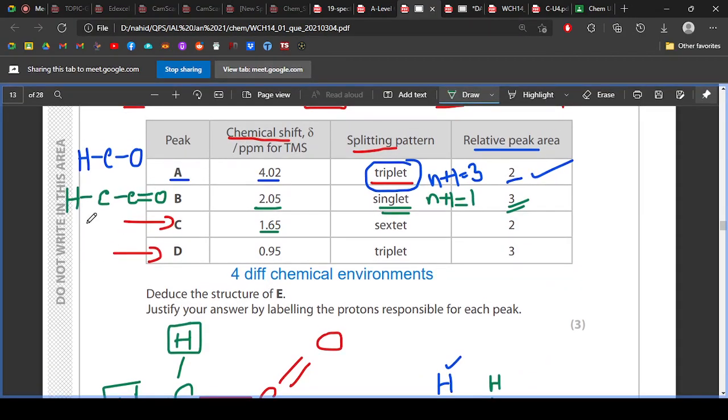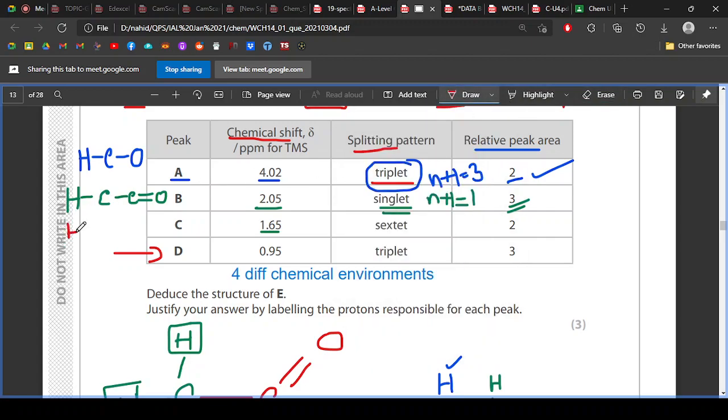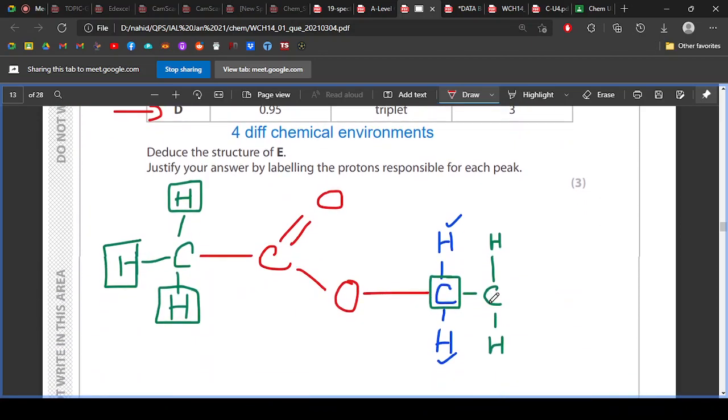So this signal, signal C, we are now talking about signal C. Signal C is due to hydrogen that is joined with a carbon. The carbon is joined with another carbon. And what is the relative area? 2, right? Relative area 2.